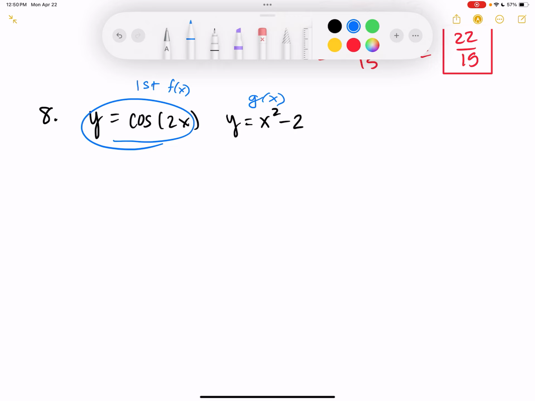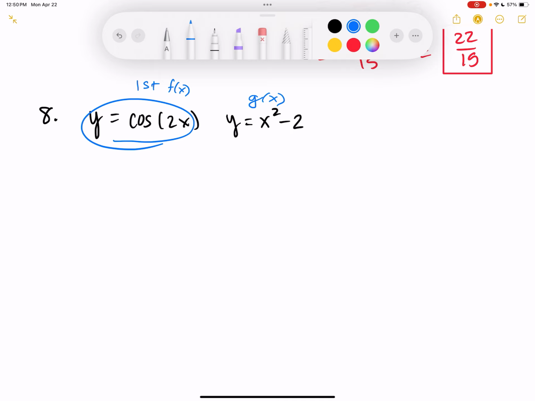So I'm going to use second trace, I think. I think it might be intersect. Let me check. Yes, it is.